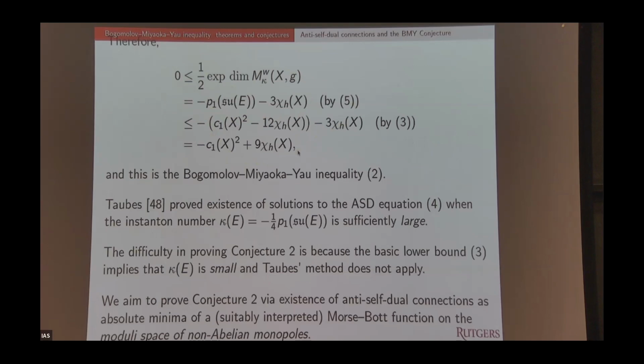You can contrast the logic with work that was done many years ago by Taubes and others. Taubes famously proved the existence of anti-self-dual connections when the so-called instanton number is sufficiently large. So the novelty here is that we're claiming we can find instantons even when the instanton number could be quite small because it's constrained by a topological upper bound.